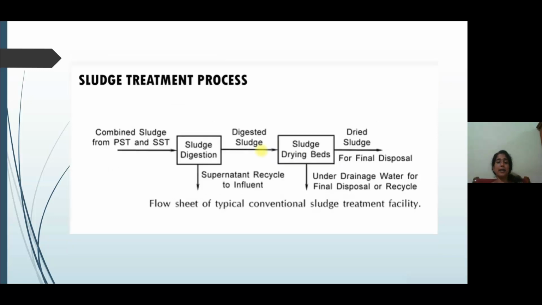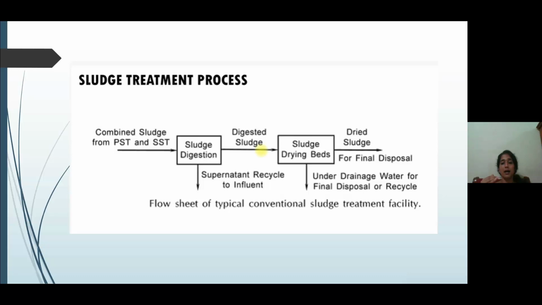Then this is the flow diagram showing the sludge treatment process. These sludges are collected from the primary sedimentation tank and secondary sedimentation tank. The first stage of this sludge treatment is the sludge digestion. After the sludge digestion, the digested sludge is transported to the sludge drying beds, and the water collected from the sludge digestion will be recycled or collected in the treatment system.